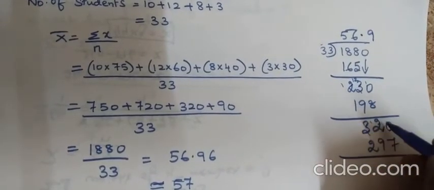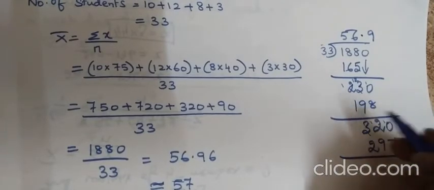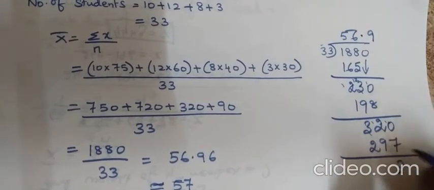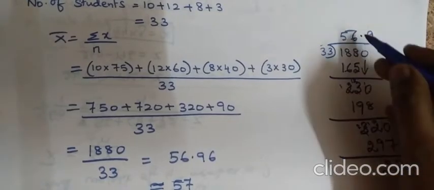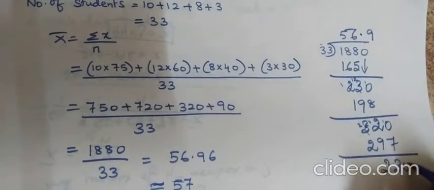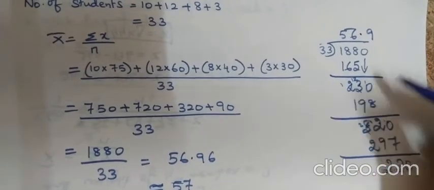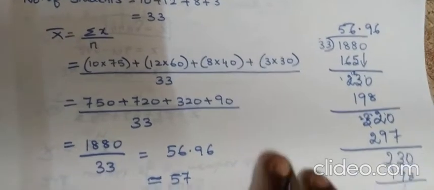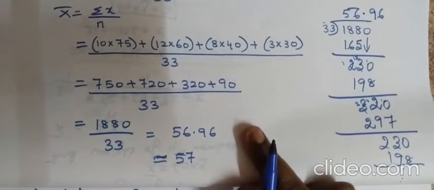So cancelling. 10 7 will not go, so I got borrow. So 3. Then 1 9 will not go, so I got borrow again. Here 2. Then I have already put a decimal, so I am putting 0. So this 230 I have already got. So the same number is going to repeat again and again. So I am going to stop the division. So 56.96 is my answer.